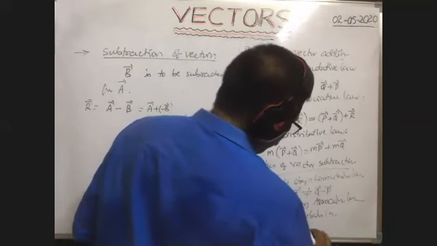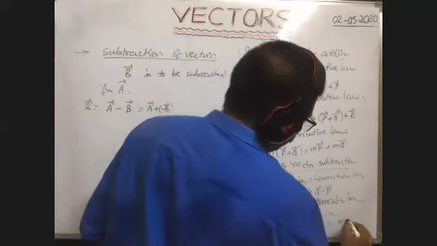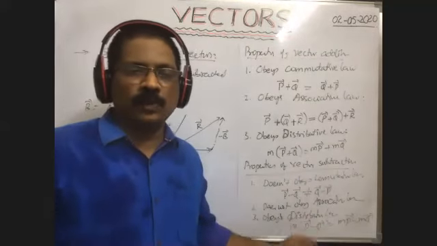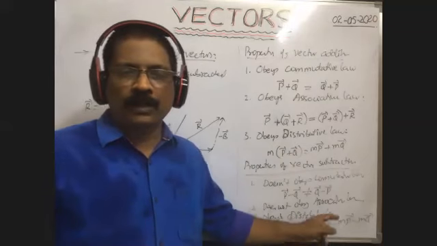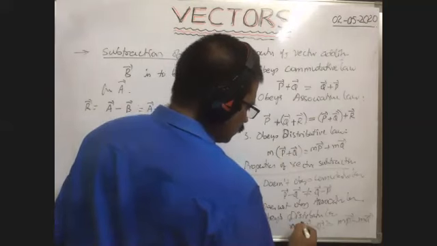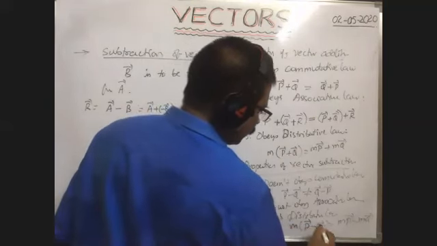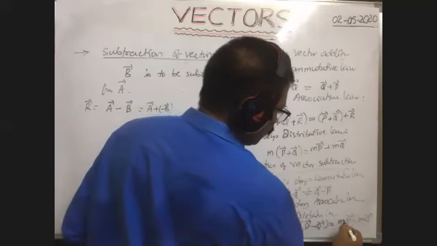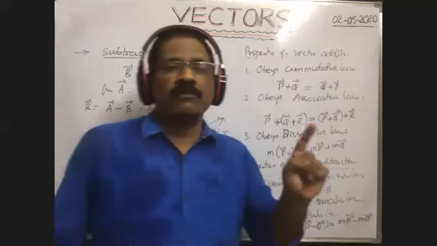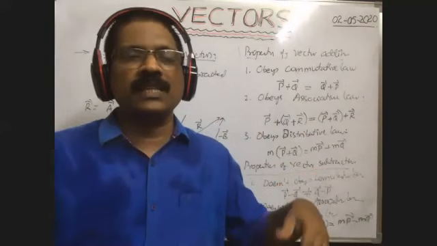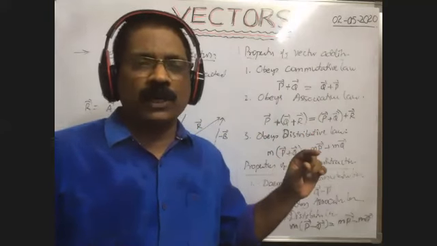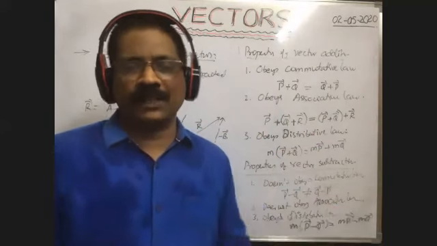That means M of P bar minus Q bar is equal to MP bar minus MQ bar. When you multiply a vector with a scalar, its magnitude becomes M times, but there is no change in the direction.